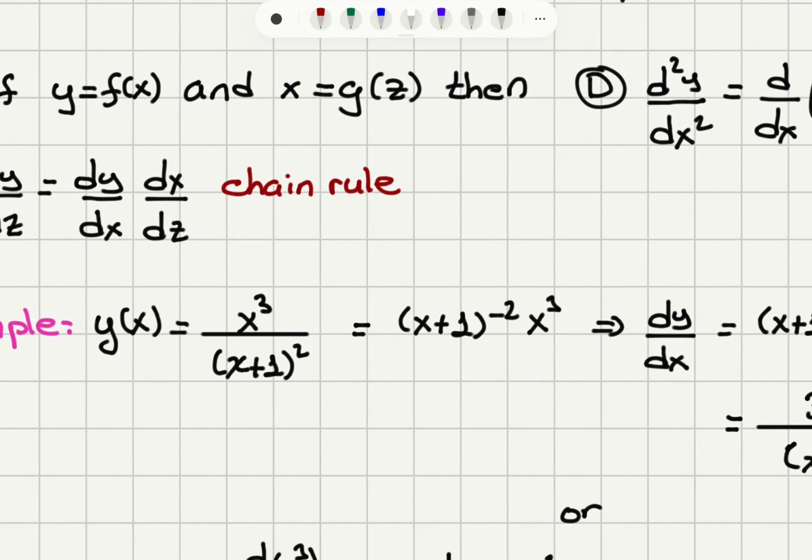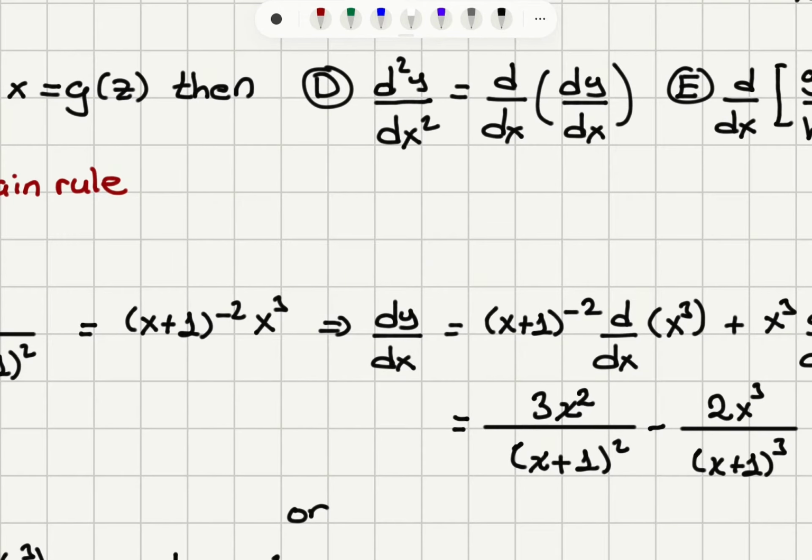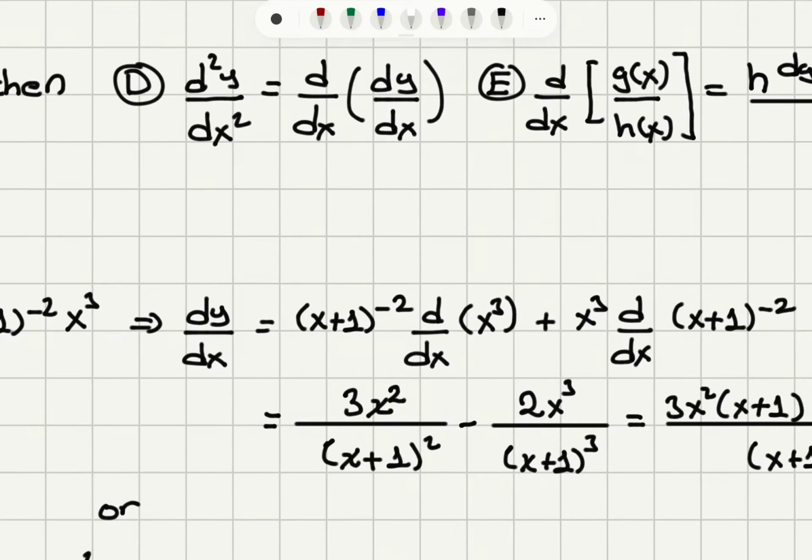So I take the derivative of x cubed with respect to x multiplied by (x plus 1) to the power minus 2, and then I leave x cubed alone and take the derivative of (x plus 1) to the power minus 2.